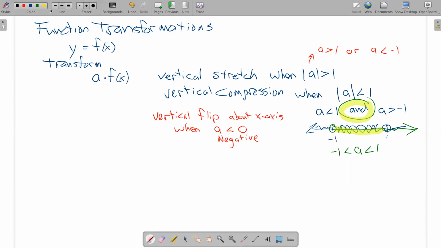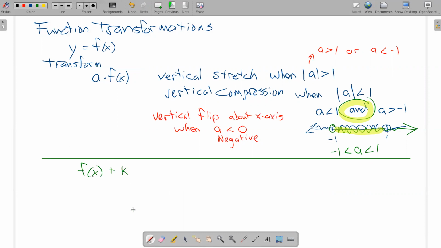So the other thing we looked at a few minutes ago, oops, that was rather messy. Let's try that. Nope. That, there we go. The other thing I looked at was, what if our transformation is to take and add a number on the outside of the function?